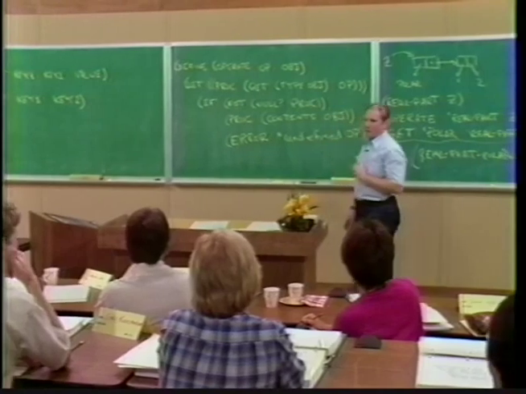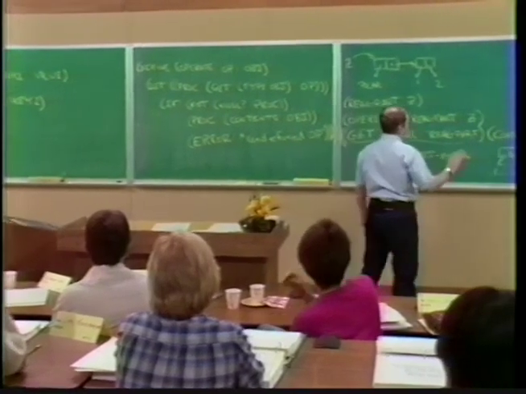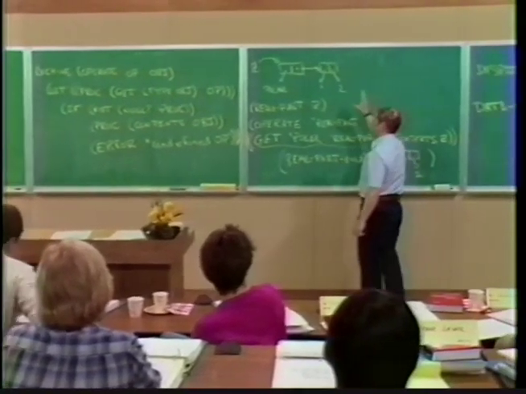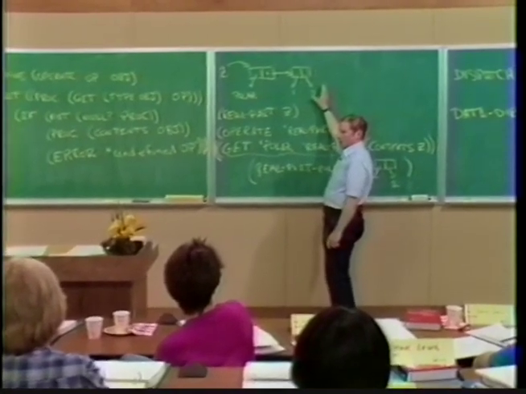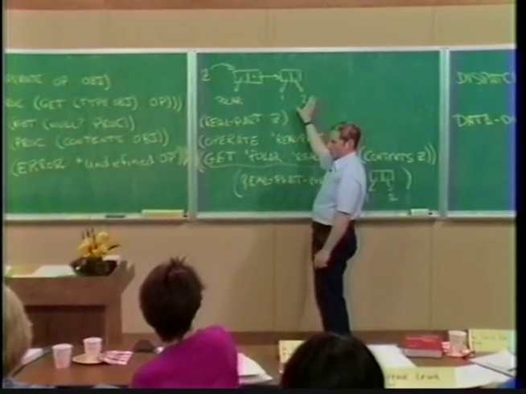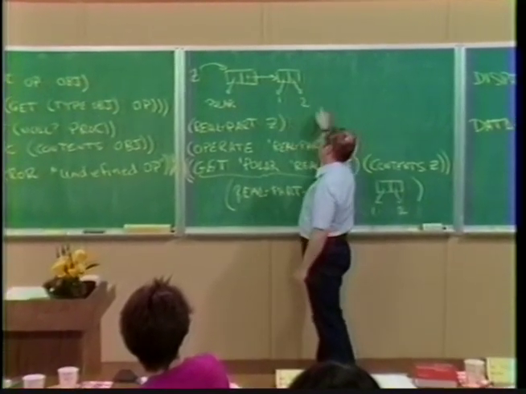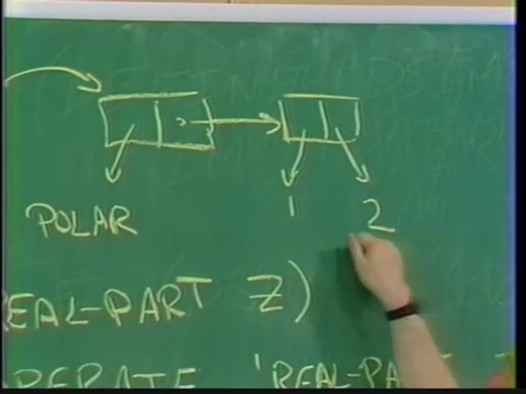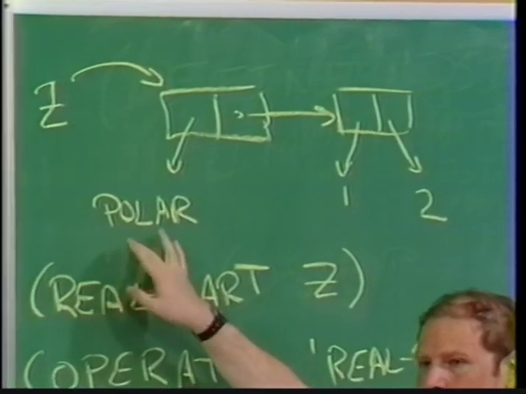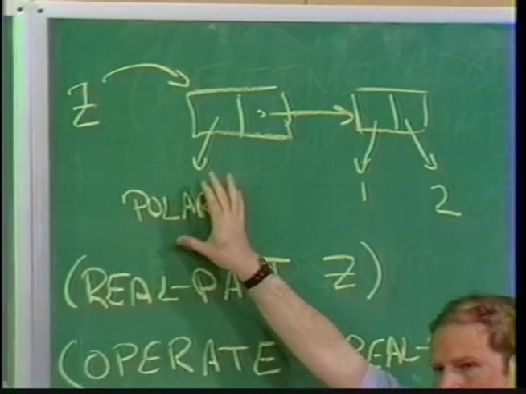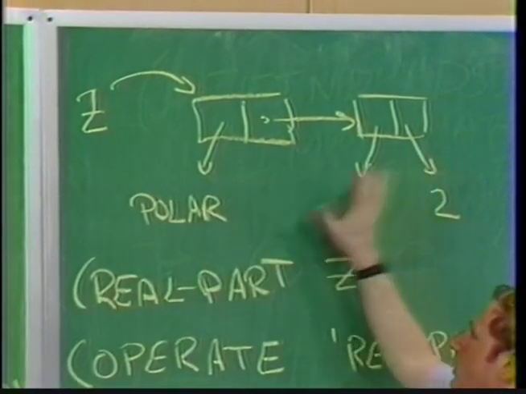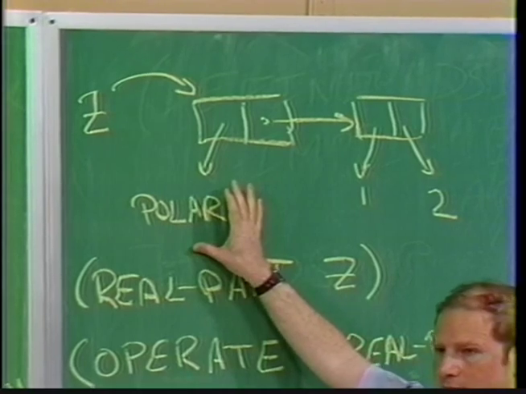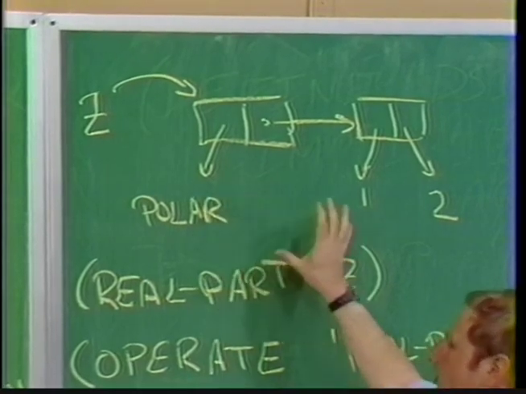And of course, there are a lot of possibilities. In this particular implementation, what's sitting in this data object is the data itself, which in this case is a pair of 1 and 2, and also a symbol, the word POLAR. And that's what's sitting in this data object.